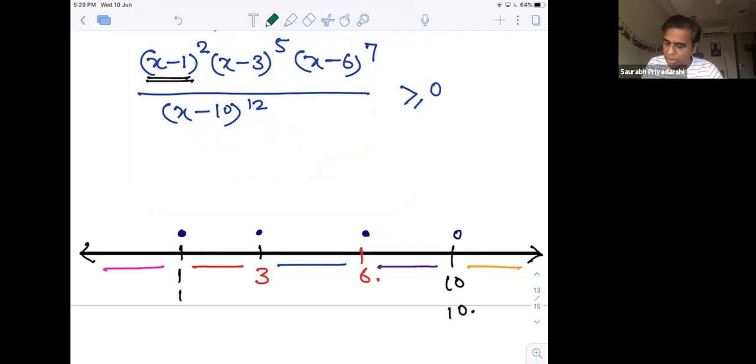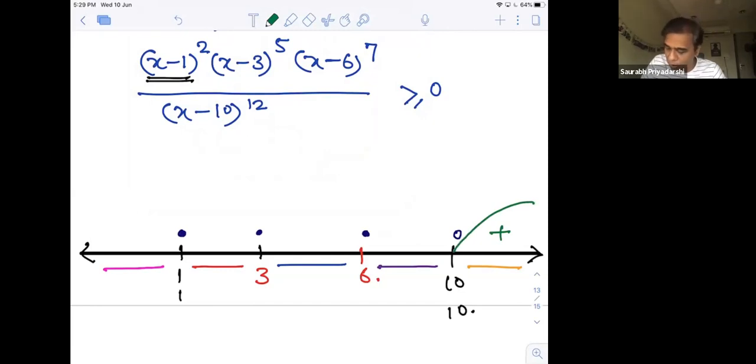So I'm starting with any value greater than 10. If it is any value greater than 10, like 100, 11, or 20, then 20 minus 10 is positive, 20 minus 6 is positive, 20 minus 3 is positive. So it starts with positive, and it will not change sign because 10 is coming twice.